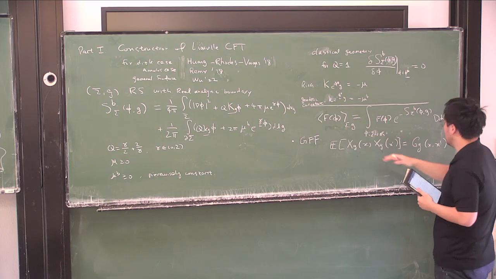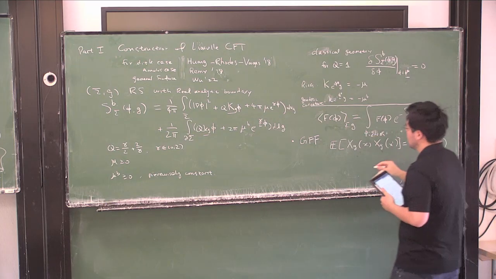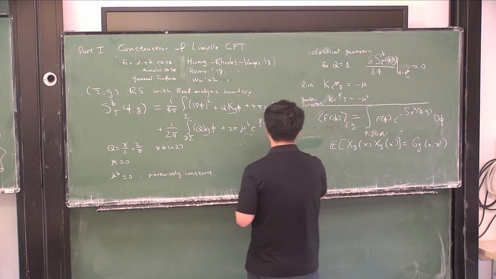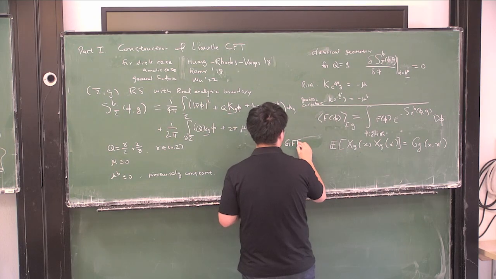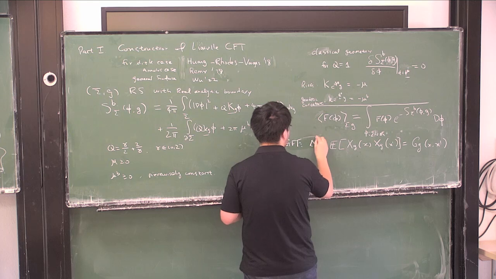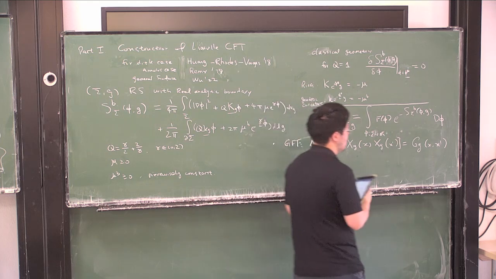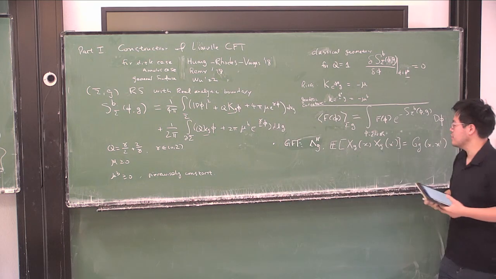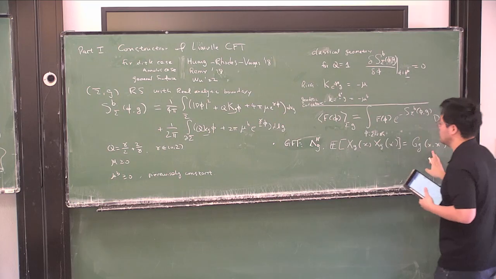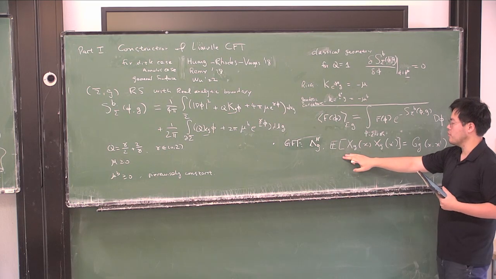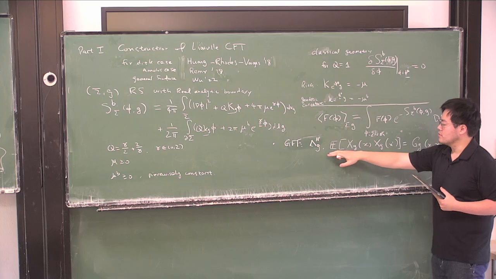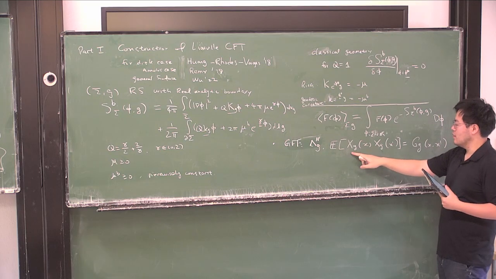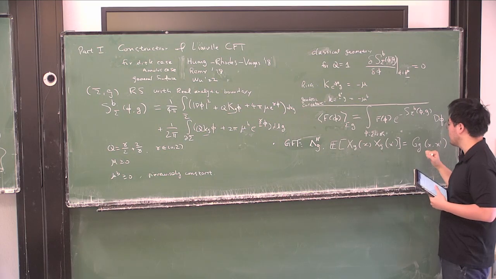For a surface with boundary, I consider the Laplacian with Neumann boundary condition, and I find its Green function, and I introduce the Gaussian free field with covariance given by the Green function.